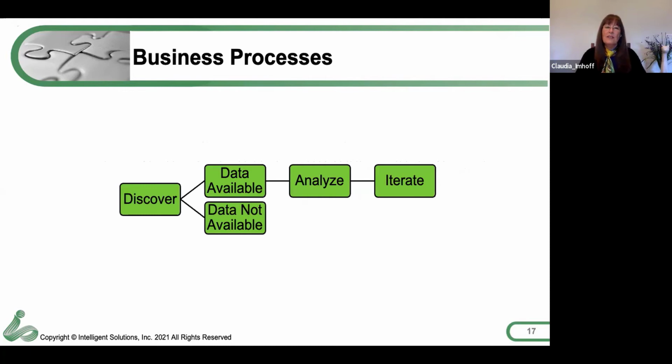The business processes, this is a very simple view of the business processes, but they start with discovery. The data catalog, again, that storefront, if you will, easy to use entry point, where business users can quickly find the data that they want, quickly find the analytic assets that they're looking for in unambiguous, non-technical language.